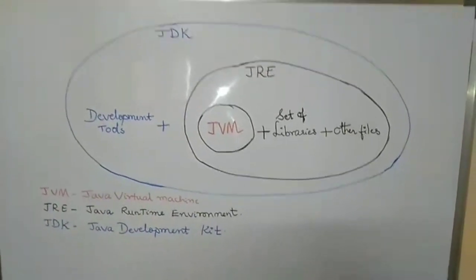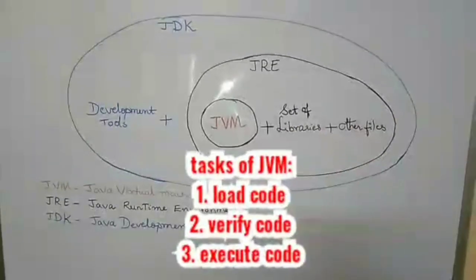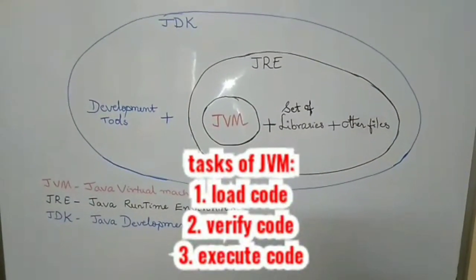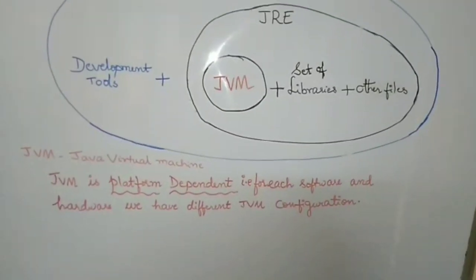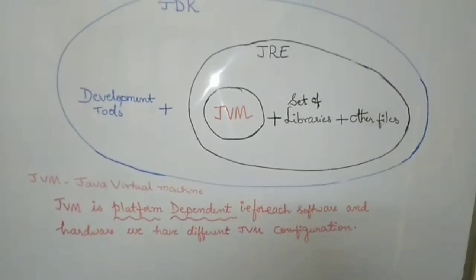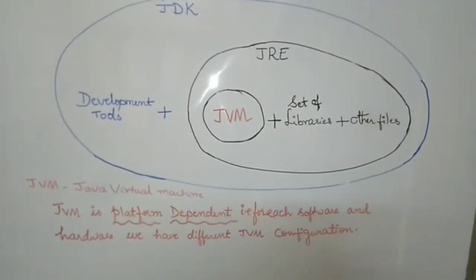And what are the tasks that JVM performs? JVM loads the code, verifies the code and executes the code. JVM is platform dependent. That is, for each software and hardware we have different JVM configurations.